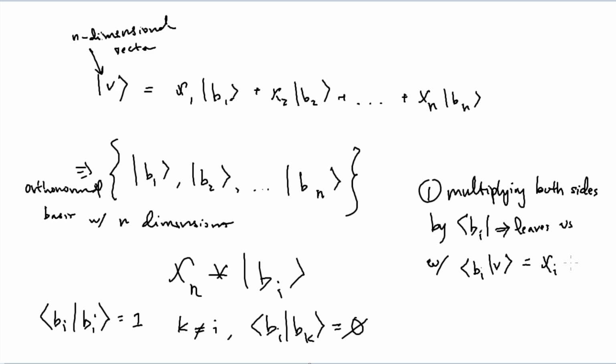Because xi times bi times bi is equal to 1. And so from there, we can merely multiply it out, solve for xi, and you are absolutely done.